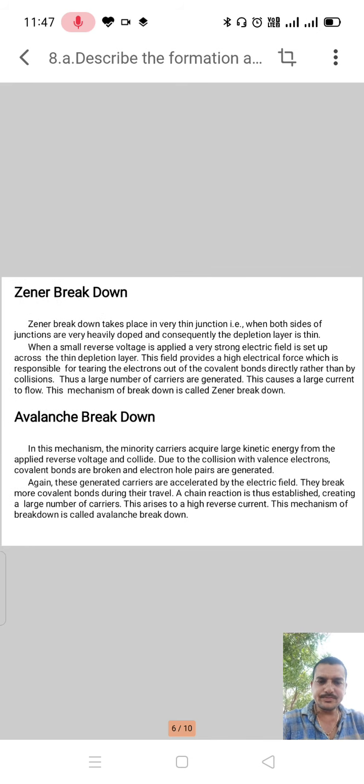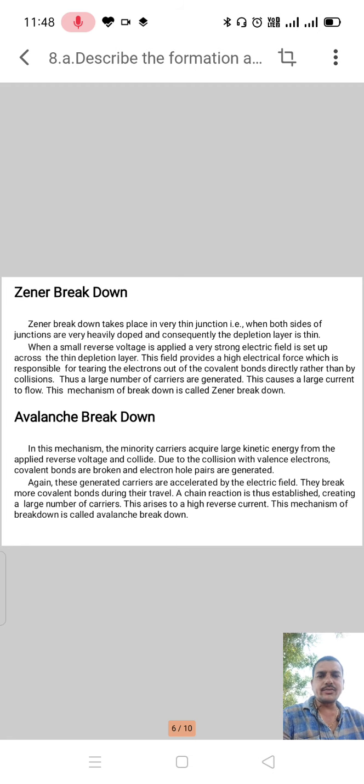Zener breakdown takes place in a very thin junction, that is, when both sides of the junction are very heavily doped and consequently the depletion layer is thin.